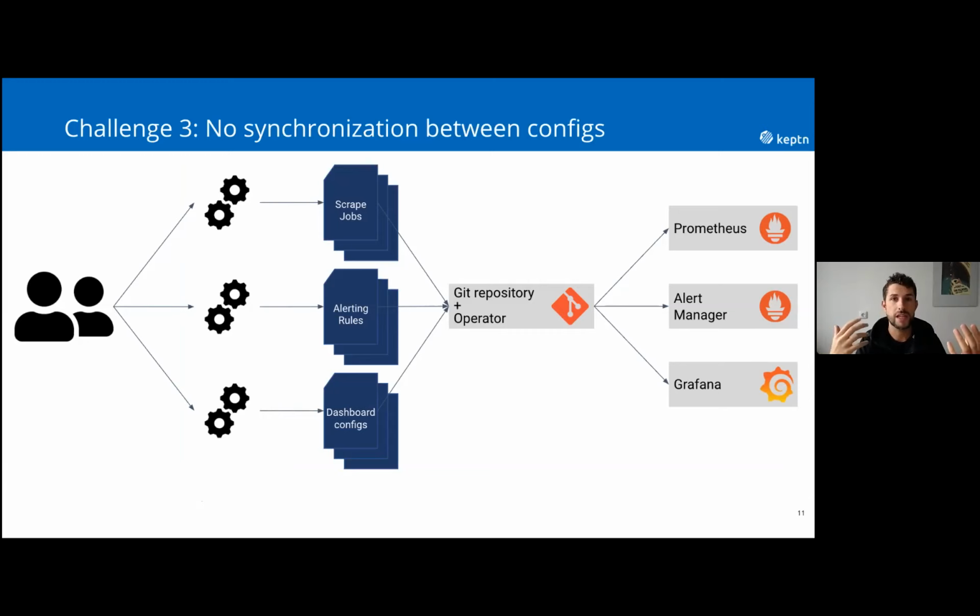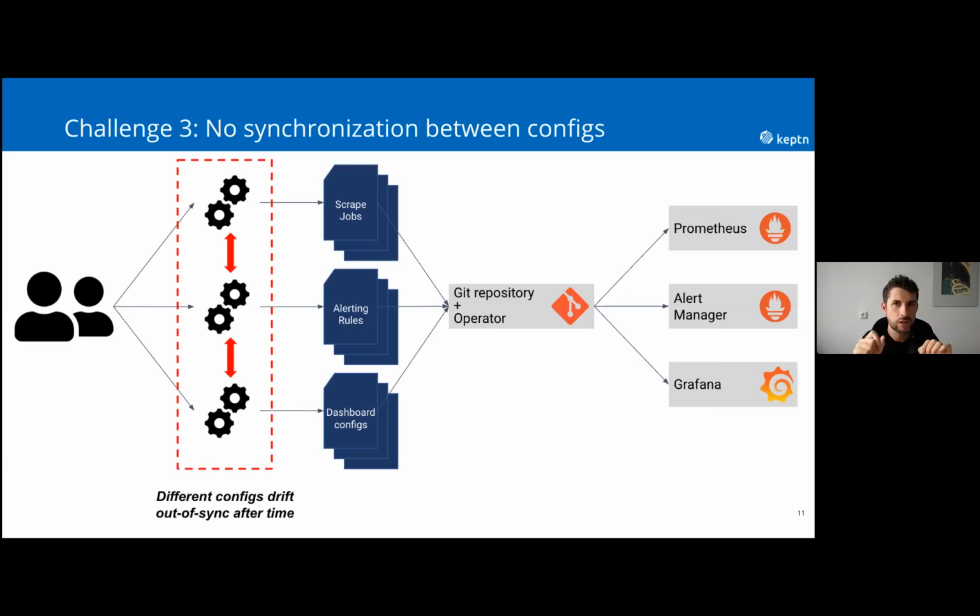Maybe one is based on some environment configurations, the other is based maybe on some, let's say, site reliability practices, so that you have different concepts or different input data, how to feed them, and that might lead to one problem: that your configurations might drift a little bit out of sync after time.